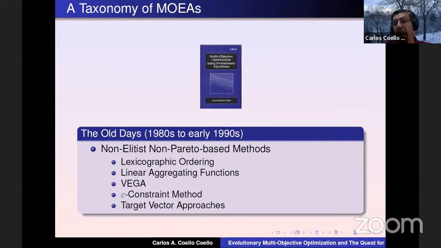However, target vector approaches require an idea of what we call the ideal vector. That would be the best objective function values for each objective if considered separately, which is information we don't normally have. It's possible to obtain it, but it comes with a computational cost.